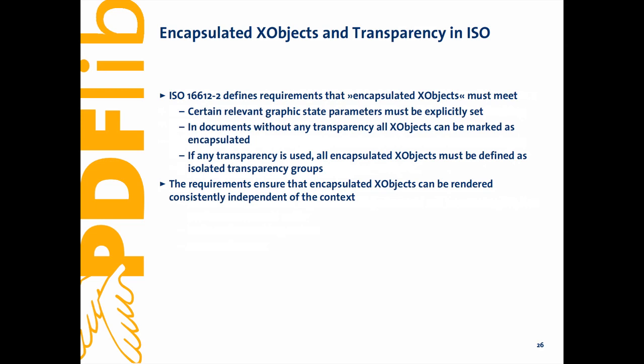Then we heard about encapsulated XObjects and transparency, and I won't repeat all the requirements. It's important to remember that encapsulated XObjects enable the RIP to render the XObjects independent of the context of the page. So your current graphic state will not influence how your XObject is rendered, and that's obviously a good thing if you want to reuse them.